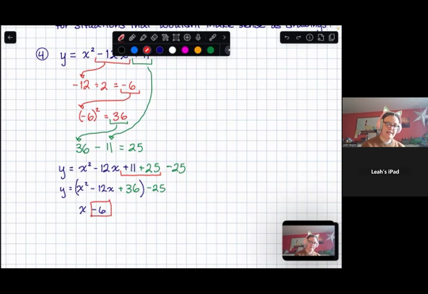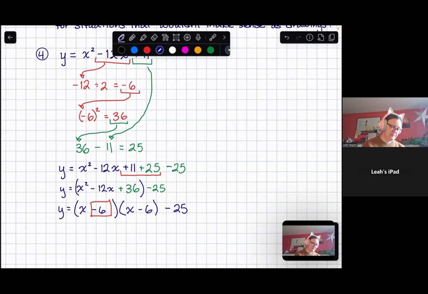So x minus 6, there's two of them, so multiplied by itself again. And then minus 25 is still hanging out on the side there. We can consolidate because anything times itself is squared, so we can make it look a little bit neater that way. And hey, look, we're in vertex form.